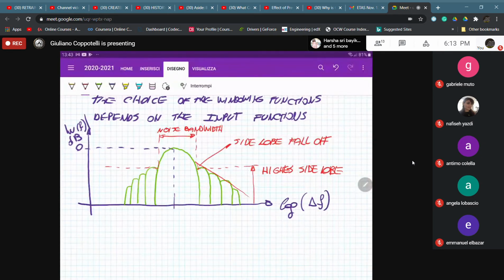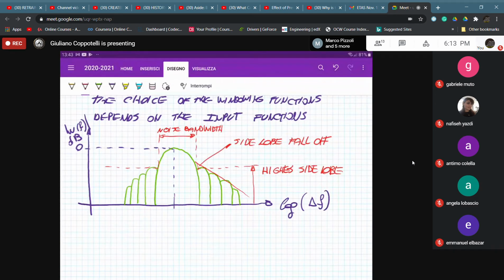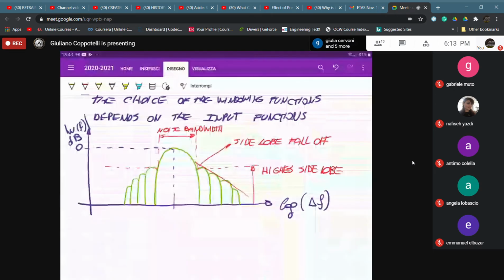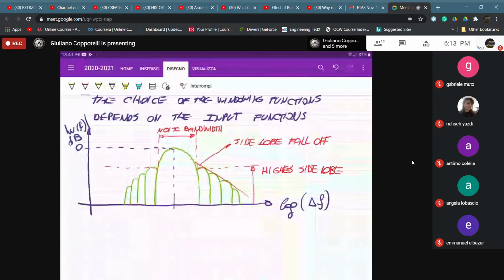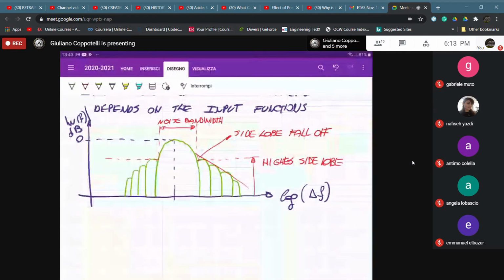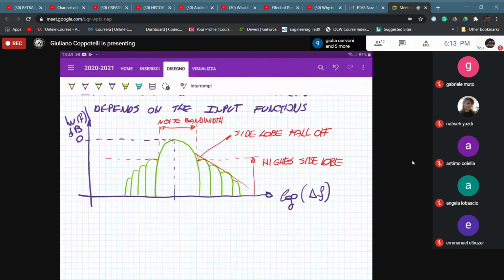So our choice of windowing function is strongly dependent on the windowing function properties in this frequency domain, and these properties are referred to these three main characteristics: the noise bandwidth, the highest side lobe, and the side lobe fall off. These characterize very roughly what frequency content is included in your analysis, or not included at all.